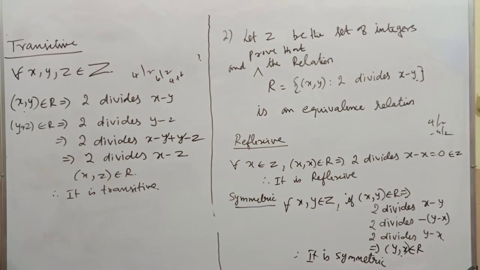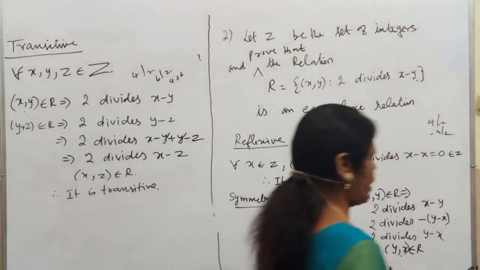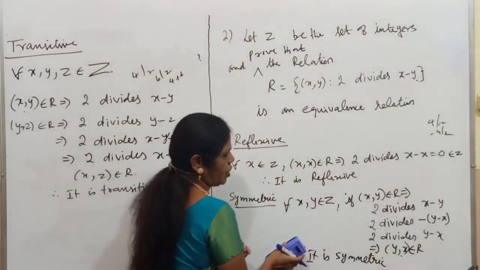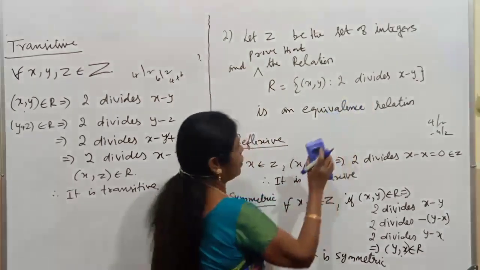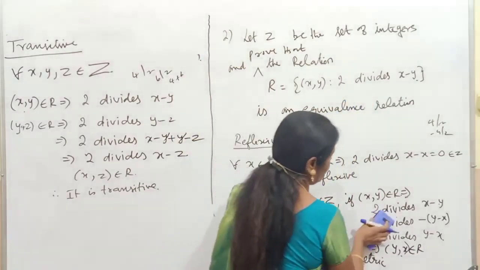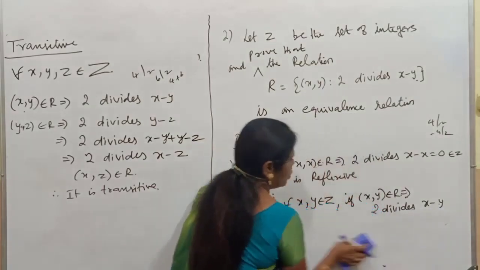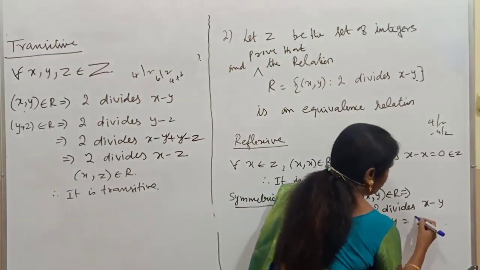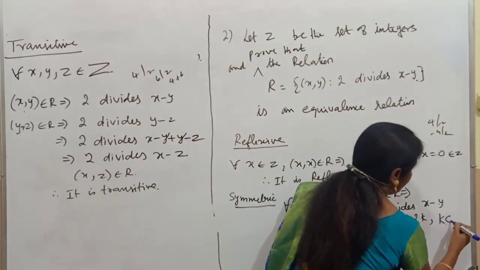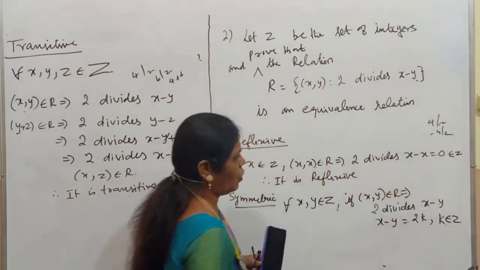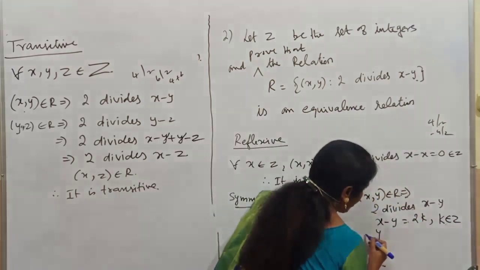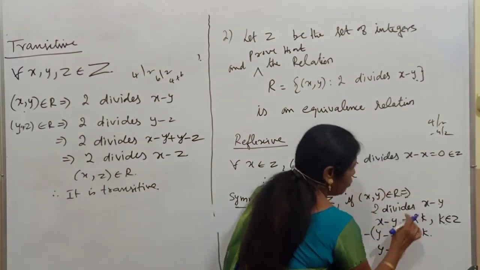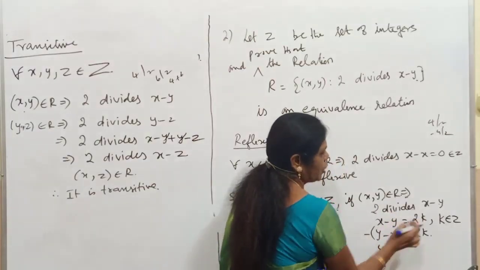Right. Now listen, the same thing can be done in a different method also. The reflexive part will be the same. Symmetric, how can you write? 2 divides x minus y can be said as x minus y equals 2k for some k belongs to the integers. So y minus x equals minus 2k, since it is a multiple of 2.